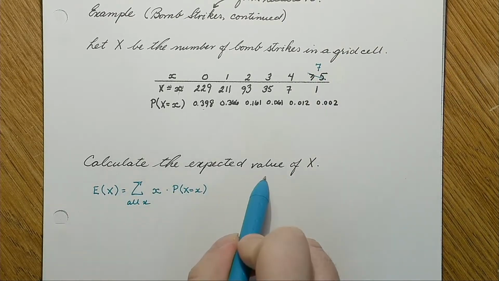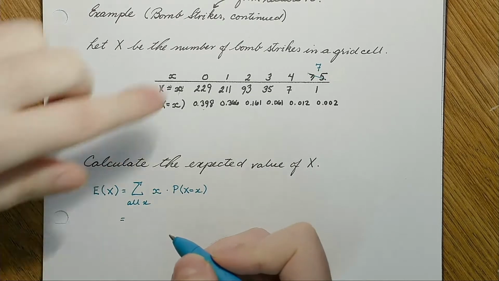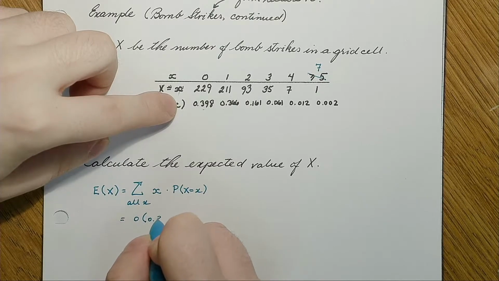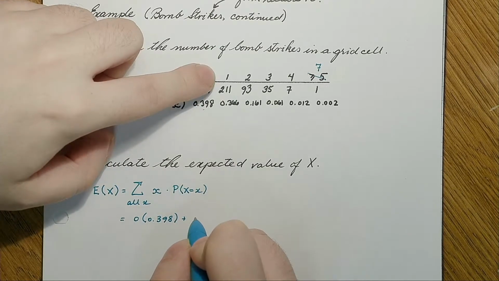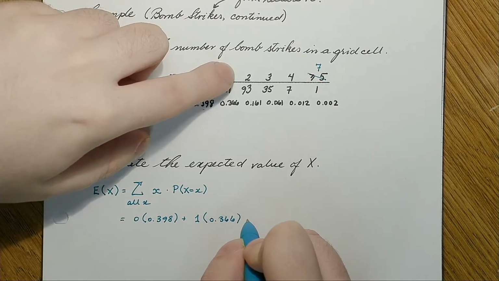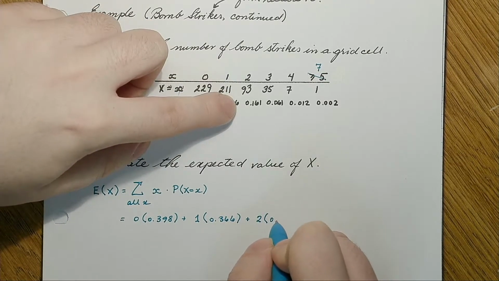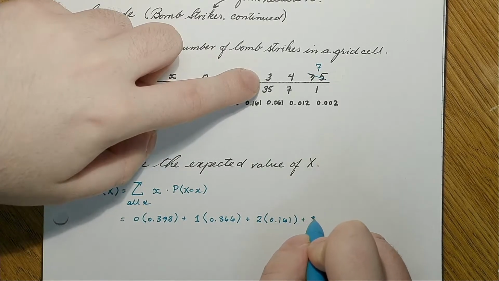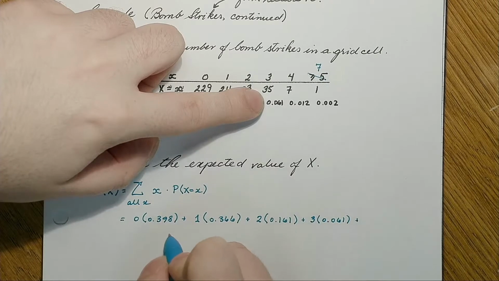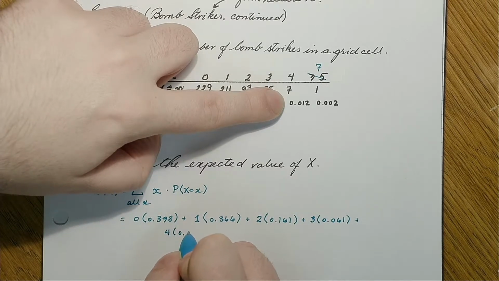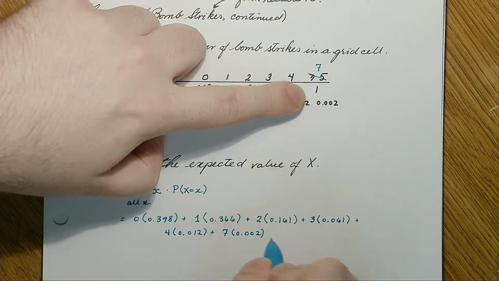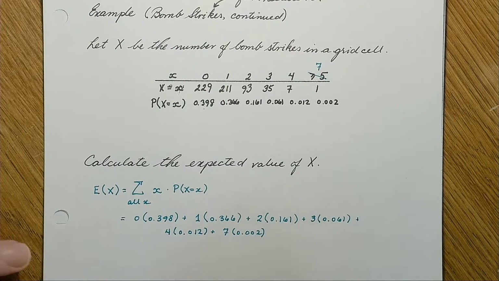So what we can do is calculate the expected value of x. That is taking the x value, so we have 0 times its probability, plus 1 strike times its associated probability, plus 4, plus 7 times its associated probability. Okay.